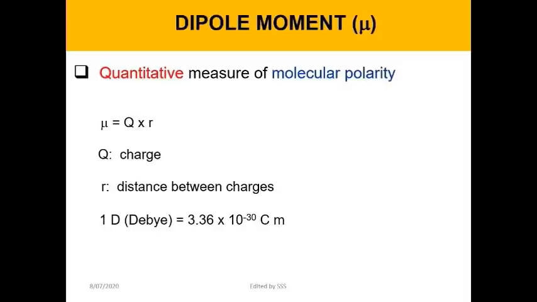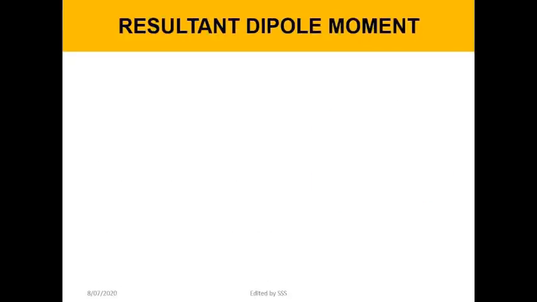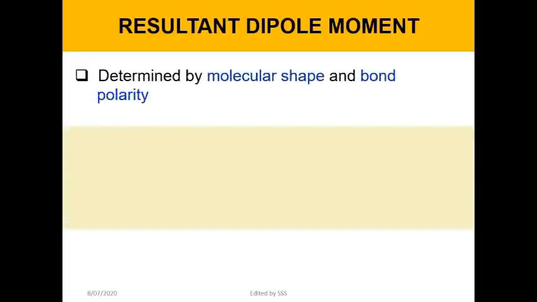The unit is the debye. So 1 debye is equal to 3.36 times 10 to the power of negative 30 coulomb meter. The resultant dipole moment is determined by molecule shape and bond polarity.